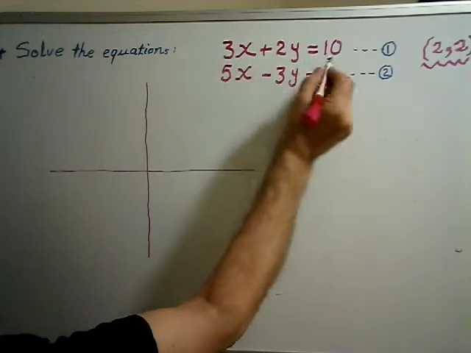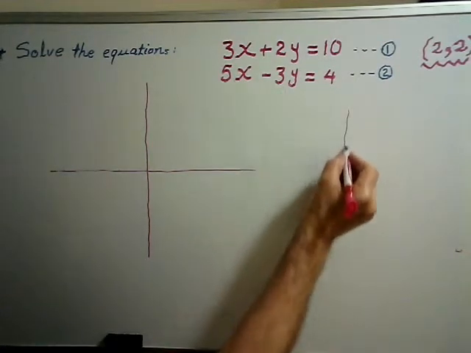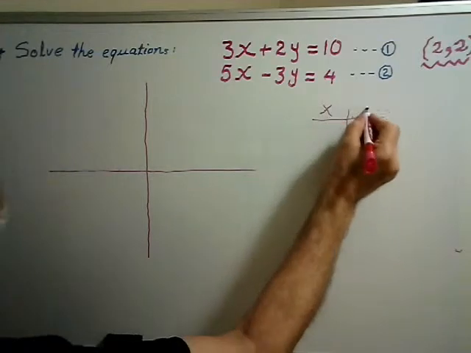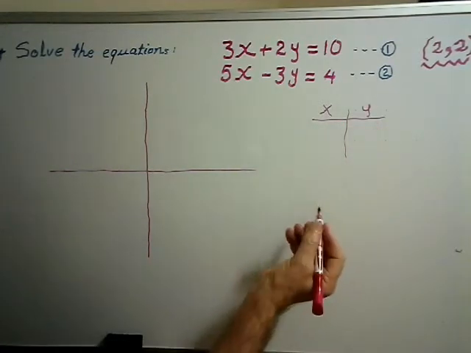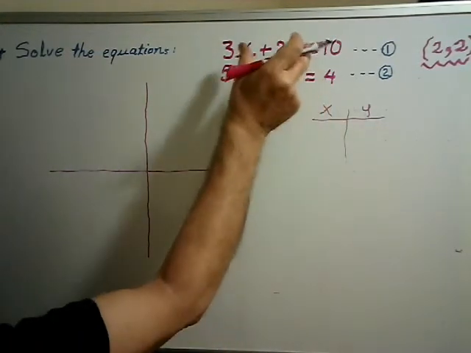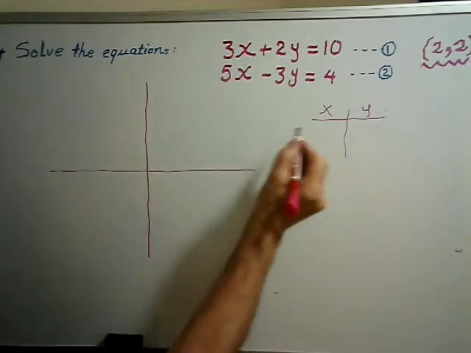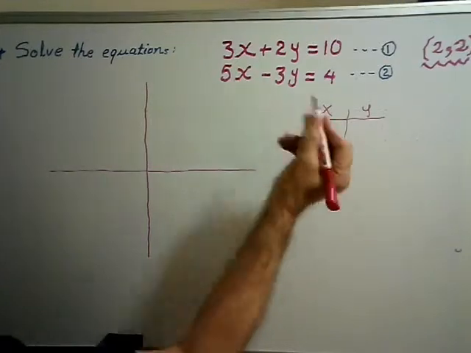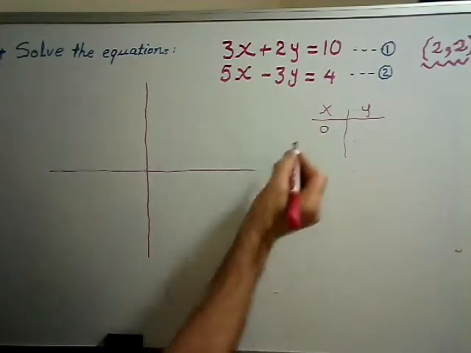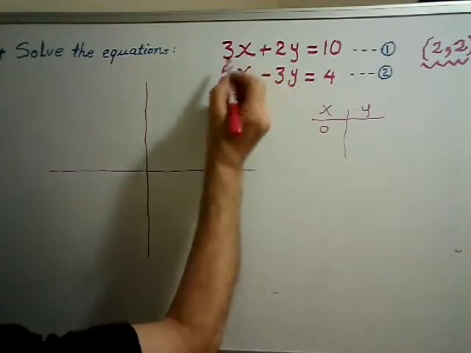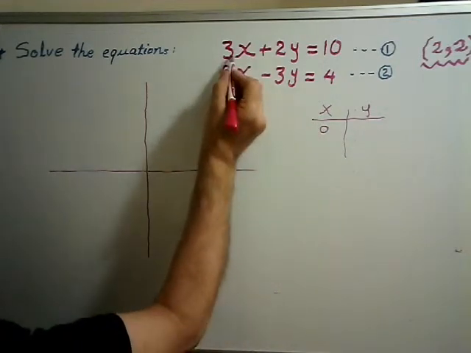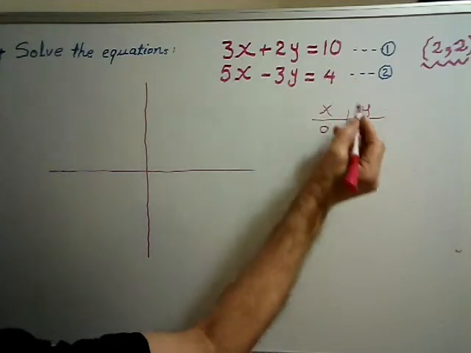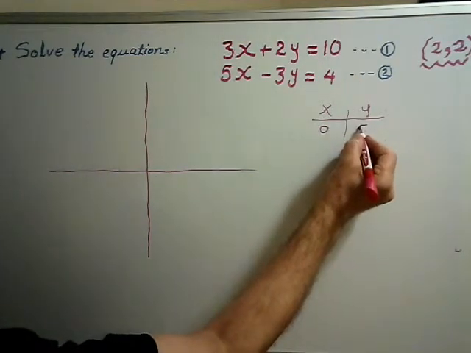Get the first equation and make a table like this, with values for x and y, to find 2 points on the first line. Just get the intersection point with the y-axis by putting x equal to 0 here. So 2y is equal to 10, then y is equal to 5.